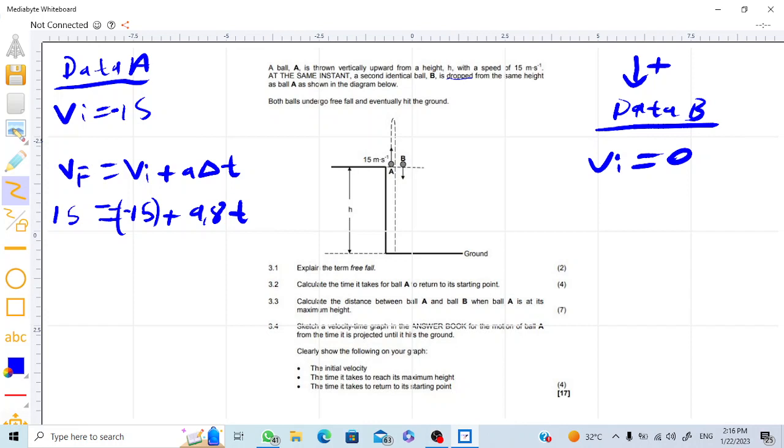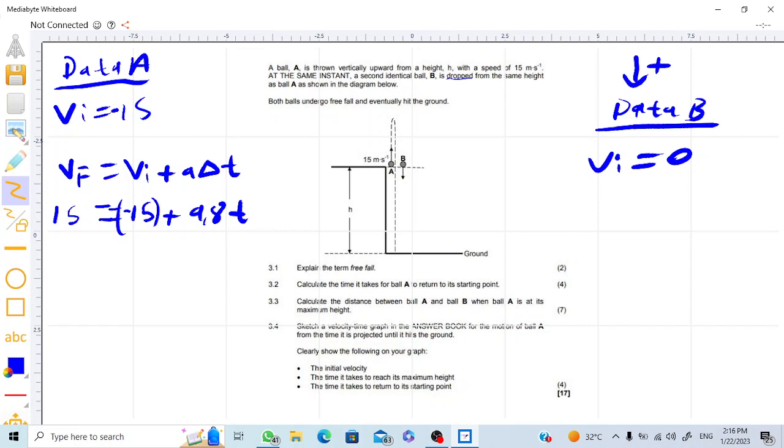So what's happening here, when a ball is thrown from a certain height and it comes back to that particular height, the speed from here to maximum height is the same speed with which it returns to the same point. That one you just have to know it.